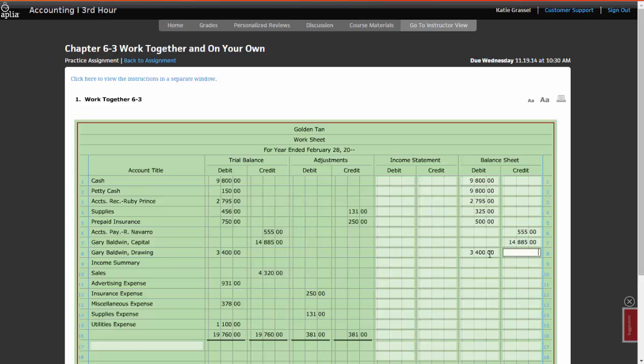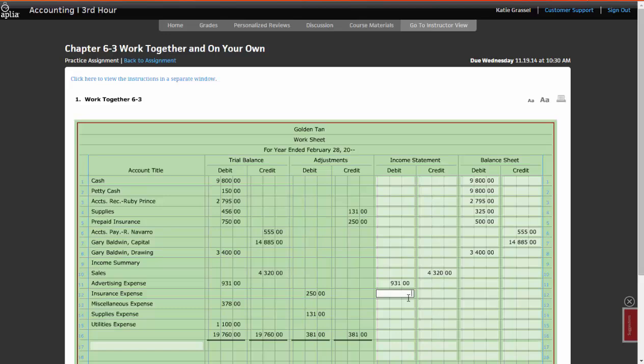So income summary has nothing here for a balance. The next one I have here is sales. Sales as a debit or as a credit? Credit. So it needs to go all the way over here on income statement as a credit. Then I'm going to do advertising expense as a debit. Now, hold your horses on insurance expense.